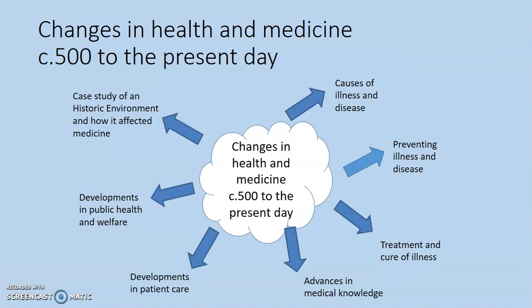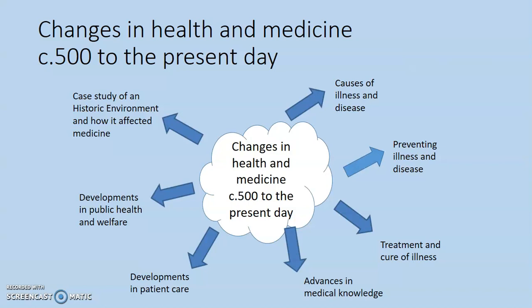We'll be looking at local hero Edward Jenner and smallpox, for example, onwards into the 19th century, looking at the effects of cholera, industrialization, up all the way to the 20th century and the founding of the NHS in 1948 by the Labour government of the time.